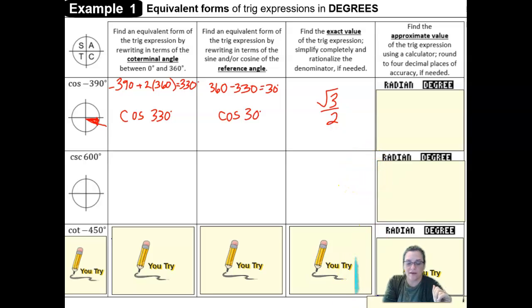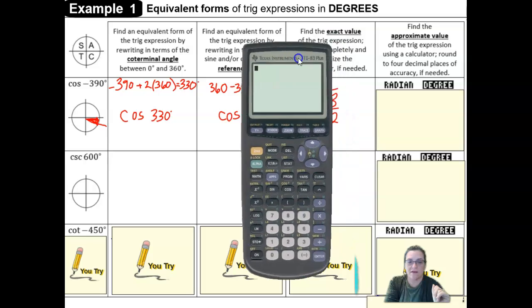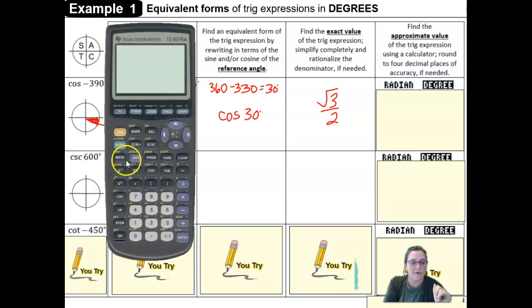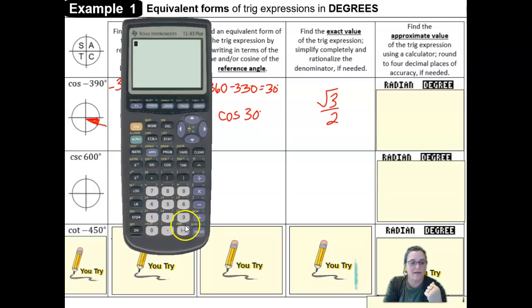Okay, now we can check that in the calculator if we put our calculator into degree mode. So we're going to hit mode, arrow down, and switch from radians to degrees. And then we're going to evaluate the cosine of negative 390. And we can compare that to the cosine of 30.